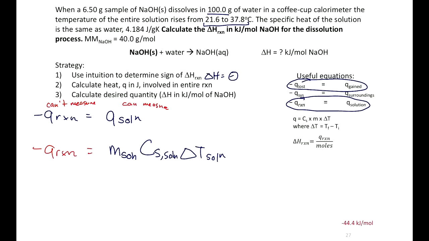How much temperature did the solution change? Some of these we can get fairly easily. Our temperature change was given. It's right there. That's delta T of the solution. Remember, delta T is always final minus initial. So this is going to be a positive number. It's 37.8 minus 21.6. I wrote it down. What is it?